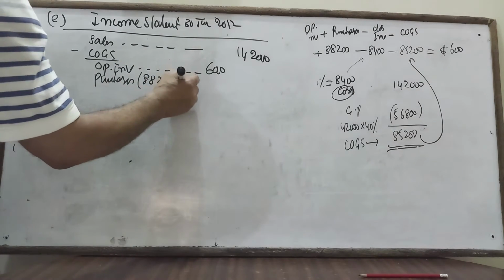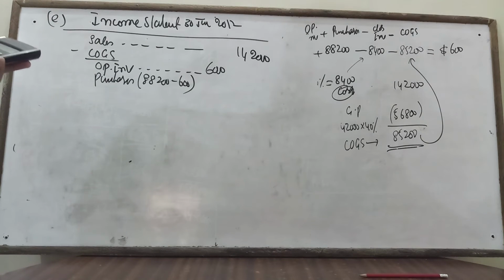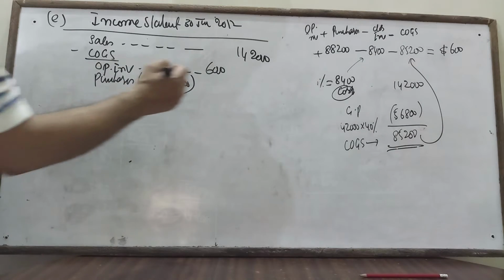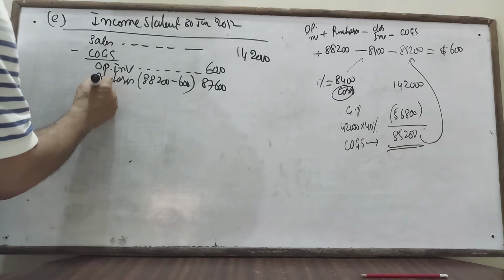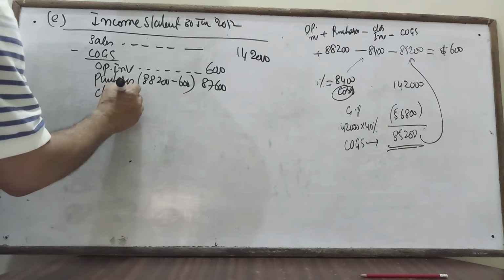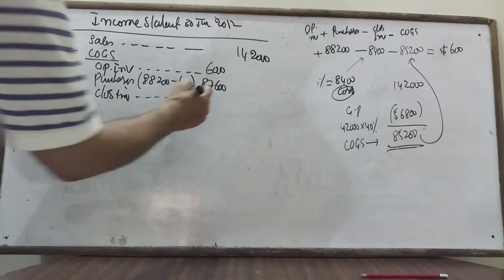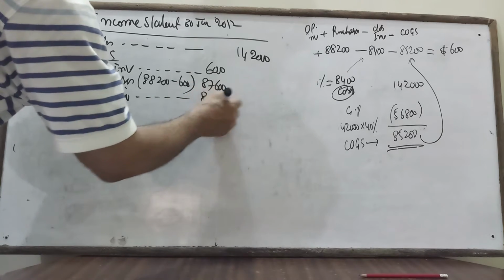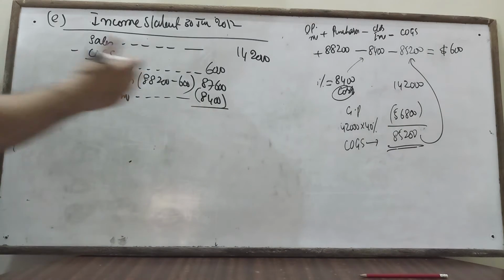This is wrongly solved in the marking scheme, you have to check it out. So 88,200 minus 600 gives 87,600, and then closing inventory. You already have closing inventory, I think 8,400, at cost price. Minus it, this gives you cost of goods sold of 85,200.